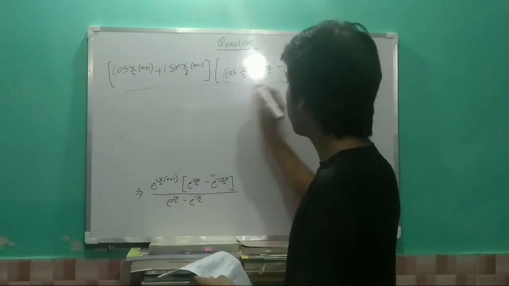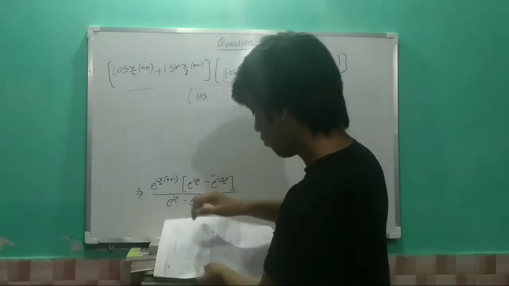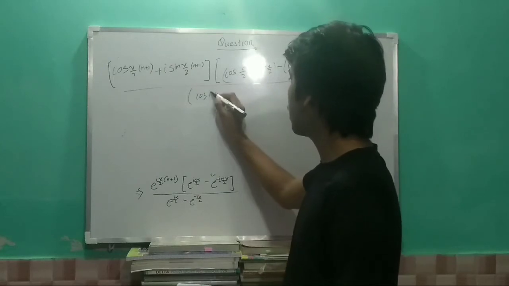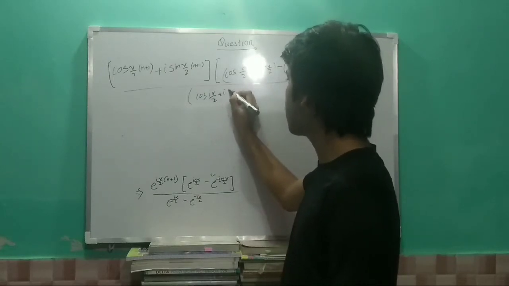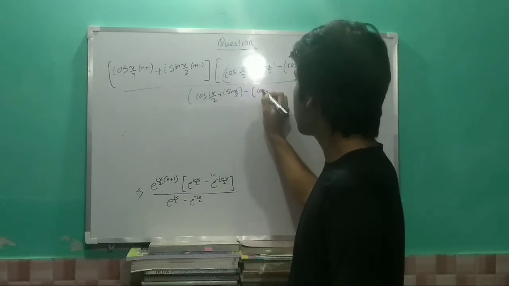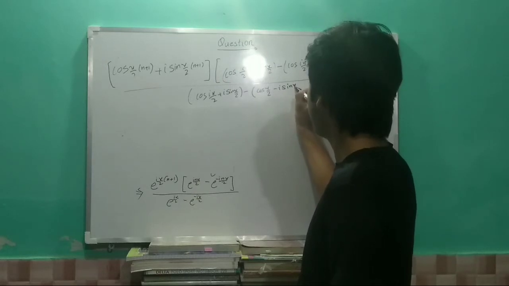And now the denominator: cos x by 2 plus I sin x by 2 minus cos x by 2 minus I sin x by 2.